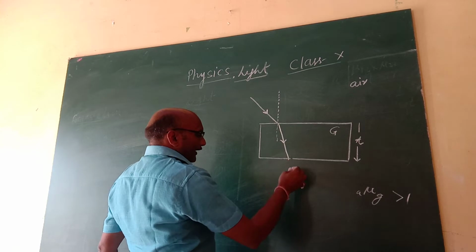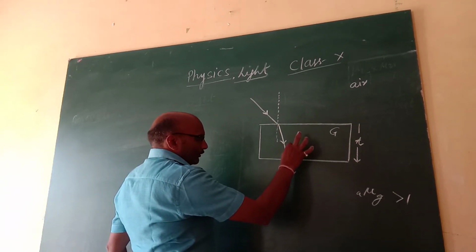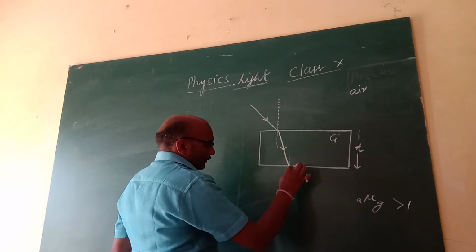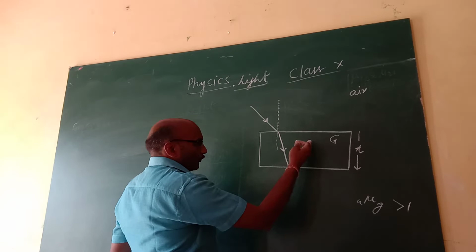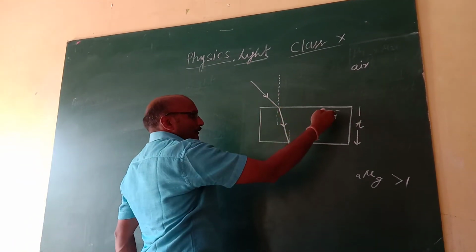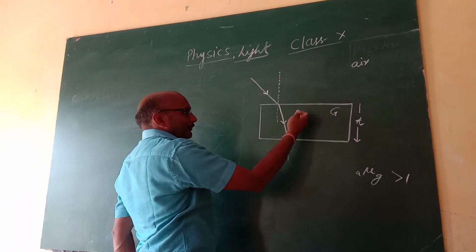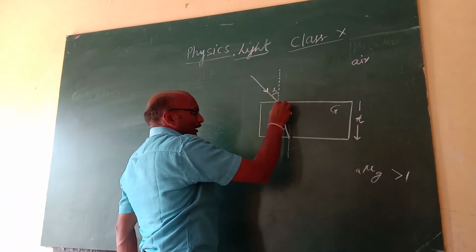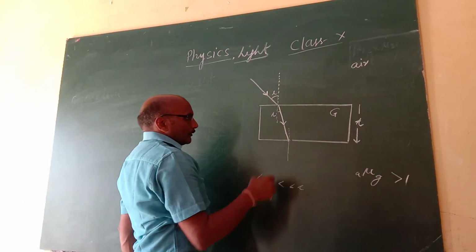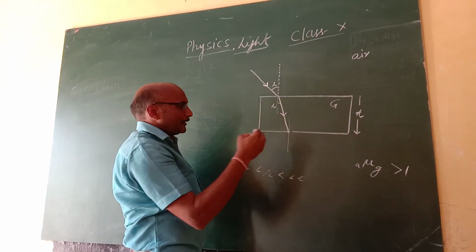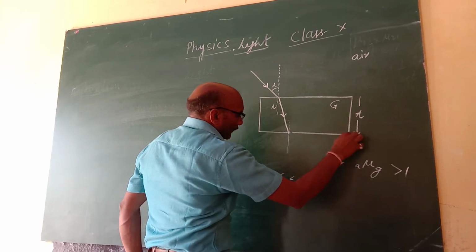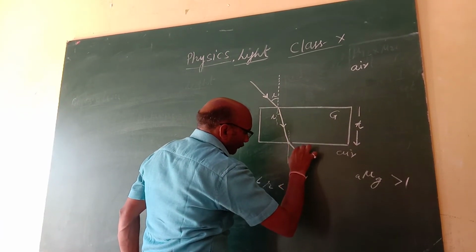Then again, when the light goes out of the glass, light goes from denser to rarer medium. When the light was coming from air to glass, light was going from rarer to denser medium, so angle r was less than angle i, because angle r is found in the denser medium. Now light is going from glass to air again, so it will go away from the normal.